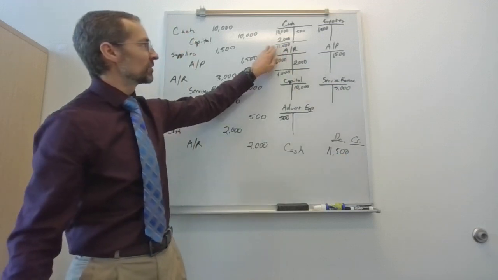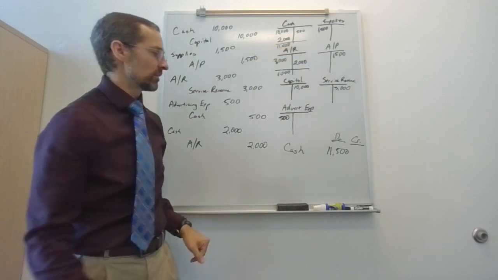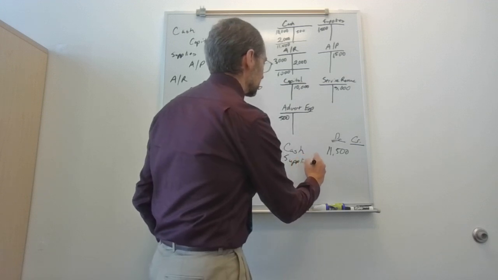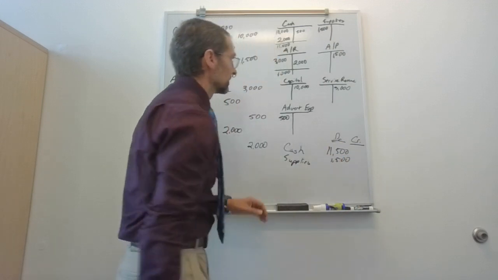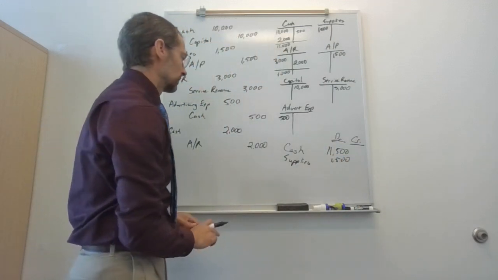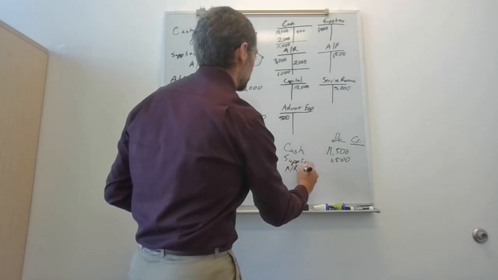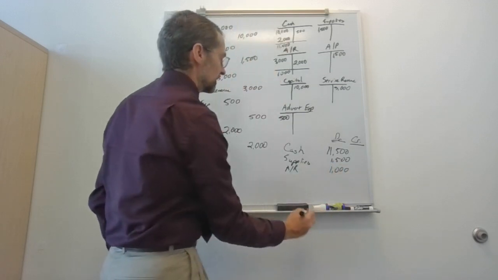I just figure out, well, what's the total? And it's a debit balance of 11,500. The next one is supplies. I said I have a $1,500 debit balance. I might run out of room here. Accounts receivable. I said I have a $1,000 debit balance.